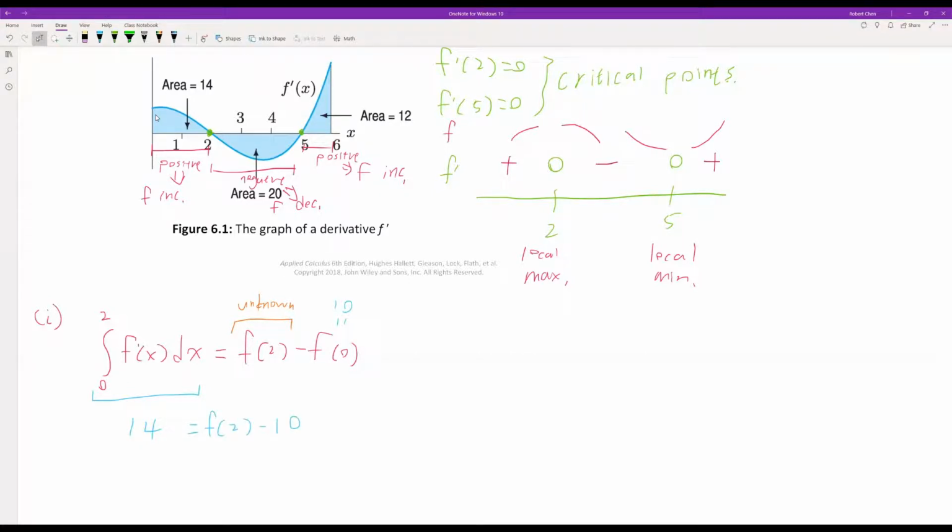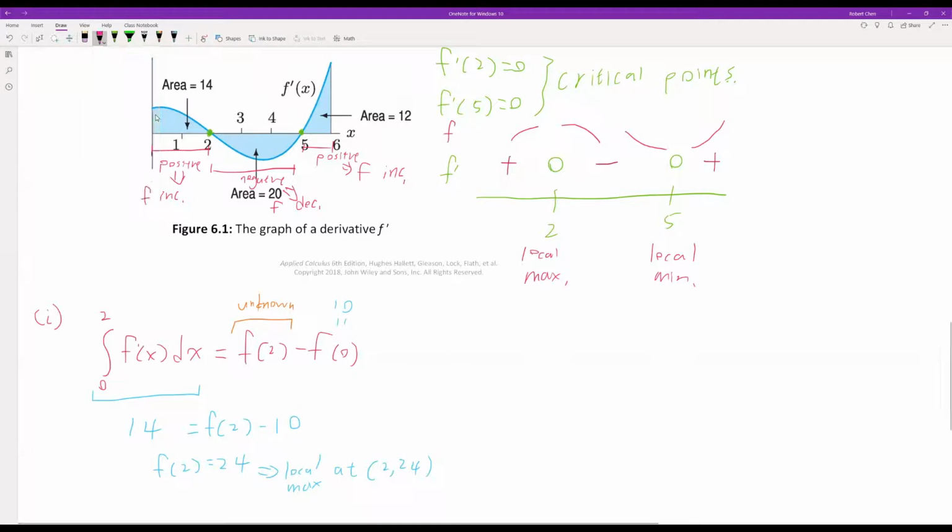And by adding 10 over, we are able to get f of 2 is equal to 24. All right, next. And 24, that's going to be our local max at 2. So this is going to help us out when we are graphing the function f.